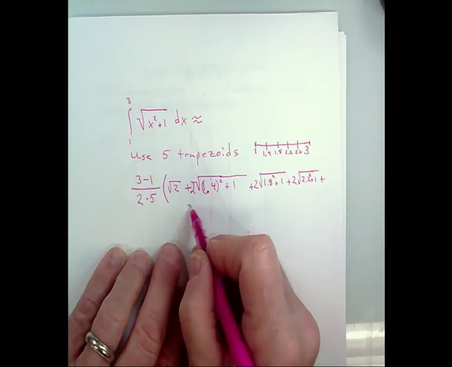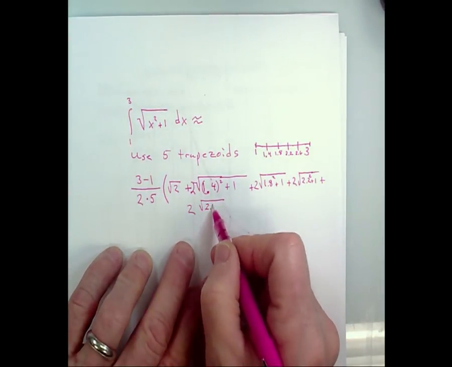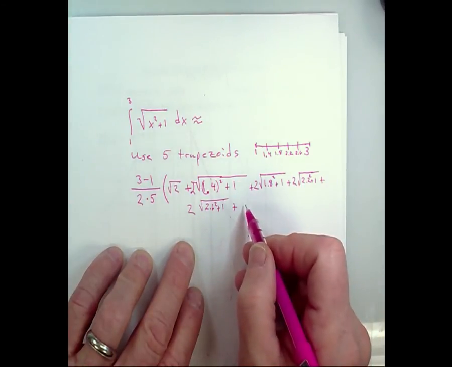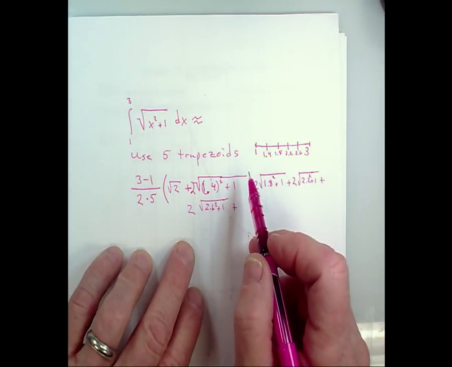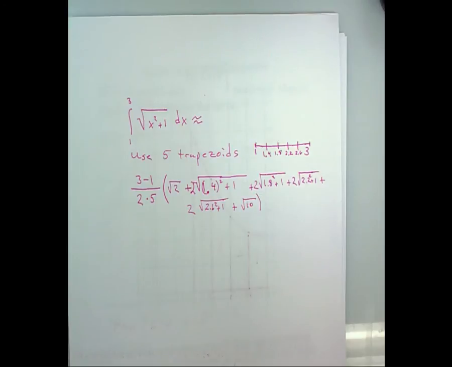Plus 2 times 2.6 squared plus 1. Plus, if I put 3 in there, I get the square root of 10, I think. Is that right? Yeah. So then you'd let the machine do the work. Everybody agree with that? All right.